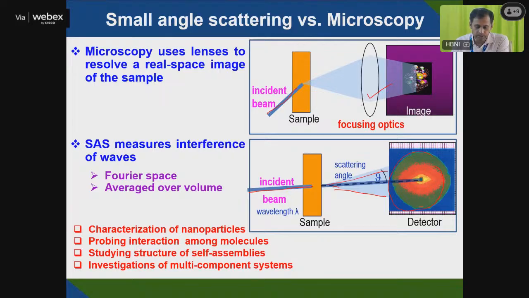So small angle scattering, whether it be neutron scattering or X-ray scattering, is used for characterization of nanoparticles and will give two kinds of information. One is shape and size information, which you will easily get, and you also get the dynamic information and probe the interaction among the molecules.